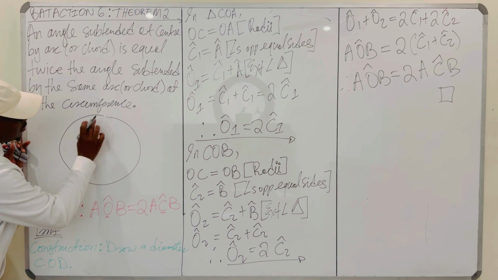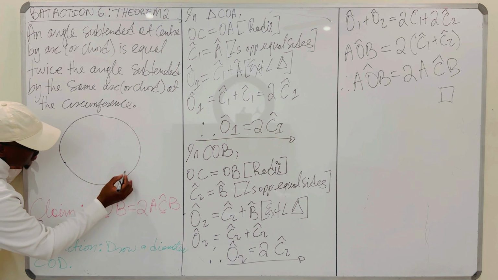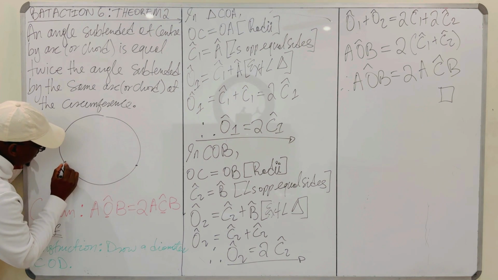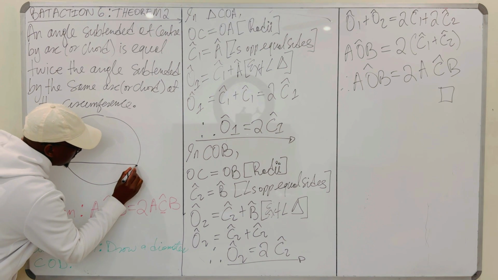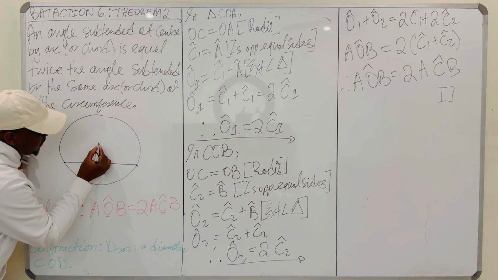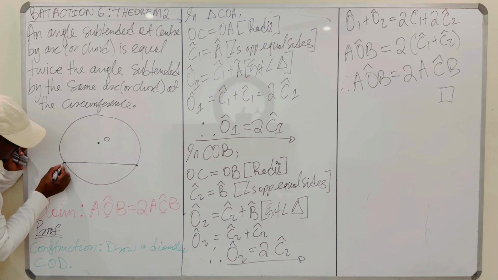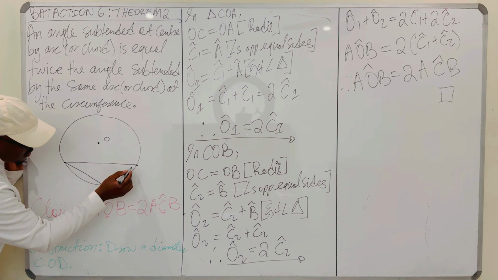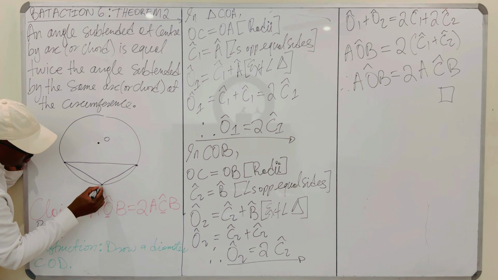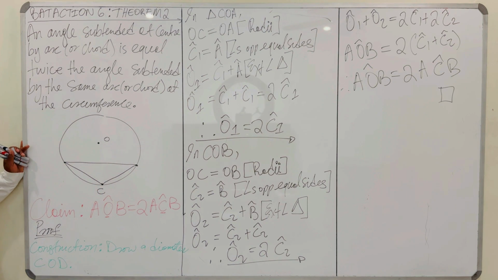There is your A there, there is your B there. I'm joining them like that. This is O. Let's say this was subtending here and there. This is our C.